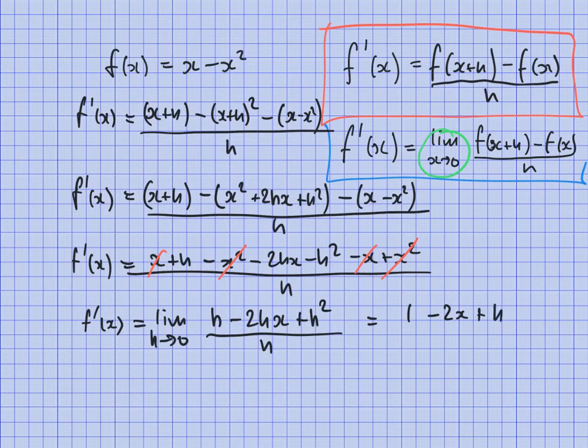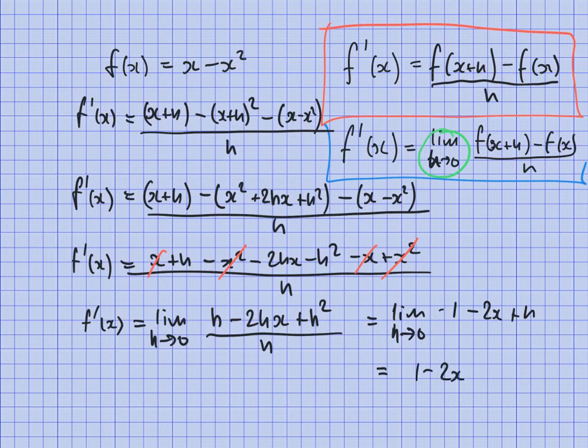Just going to rewrite that with the limit again. That's the limit as h tends towards 0 of, if I cancel that down, 1 minus 2x minus h, which as h goes towards 0 is equal to 1 minus 2x.